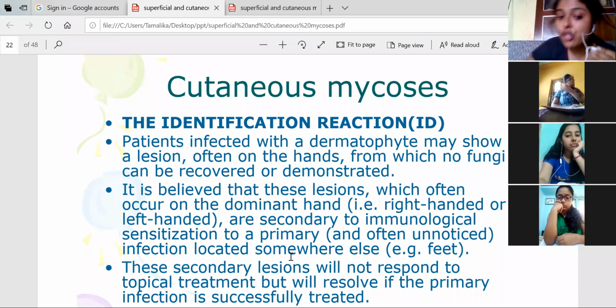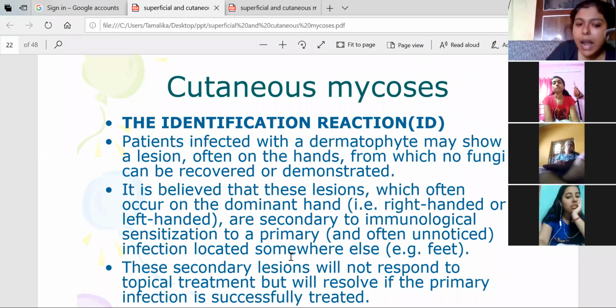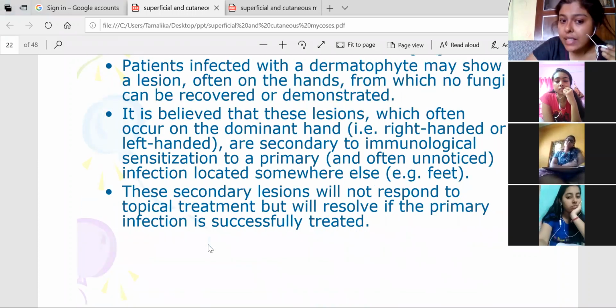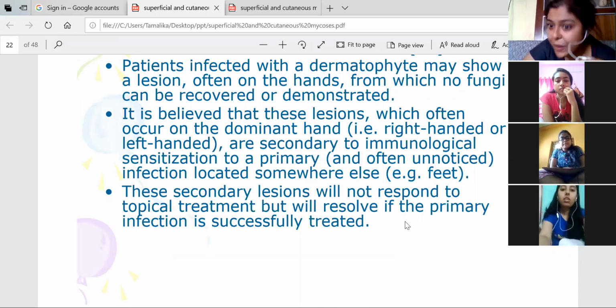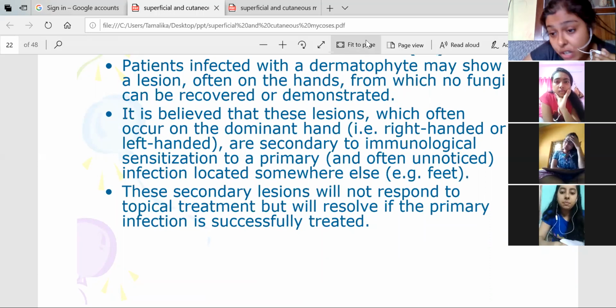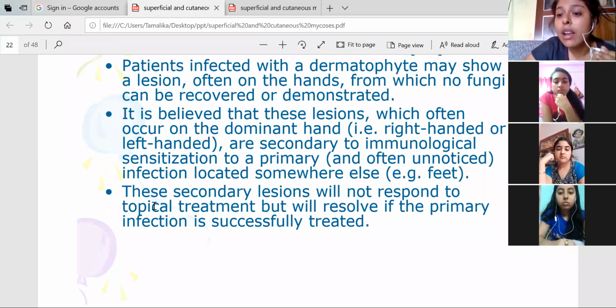The secondary lesion will not respond to topical treatment, but will resolve if the primary infection is successfully treated. It is linked with the primary infection. So if the primary infection is treated, the secondary infection will also be treated. But if you try to treat the secondary infection without treating the primary infection, I'm very sorry to say it will not be resolved.